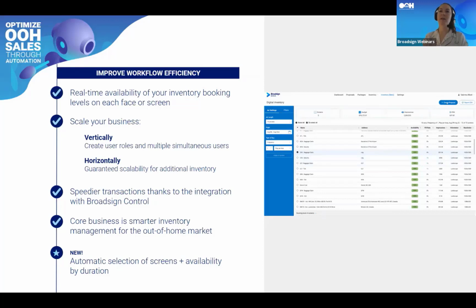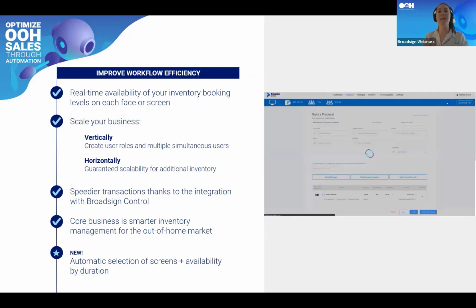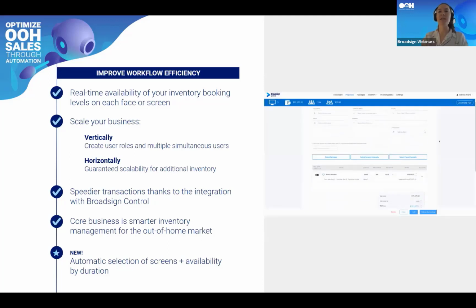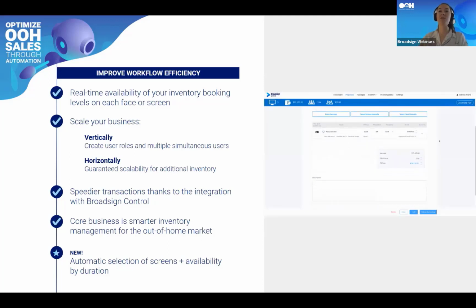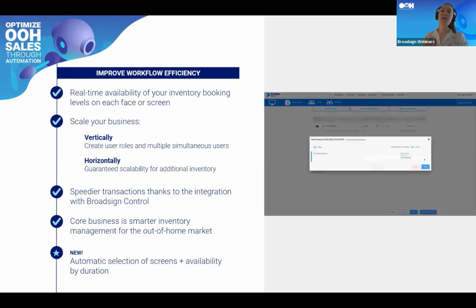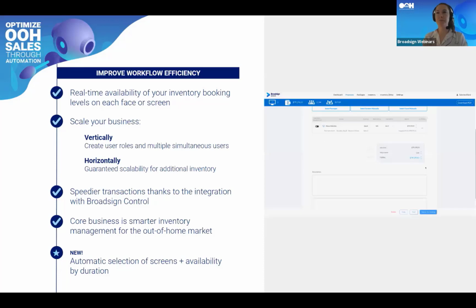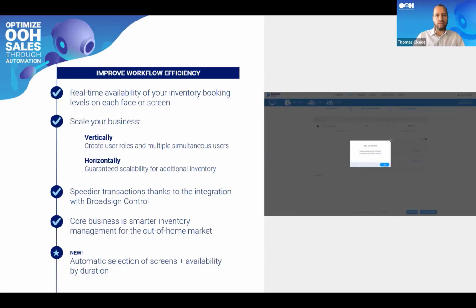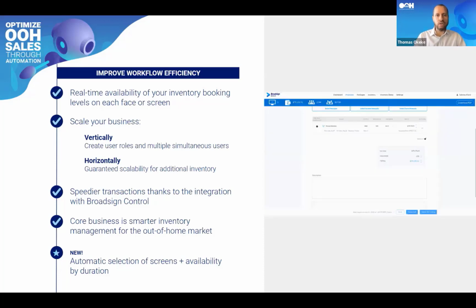Well, the automatic selection will be based on most available inventory and will select your most available inventory so that it actually spreads out your occupancy level. And that also removes the bias of your users since they're not selecting the inventory themselves, and it's quicker in their workflow. That particular option is really meant for the case where it's a non-location specific buy.